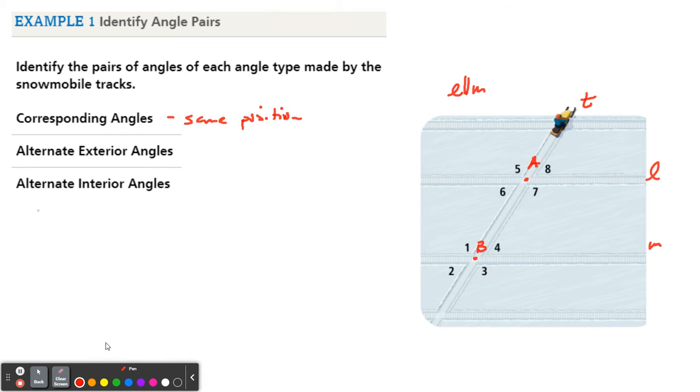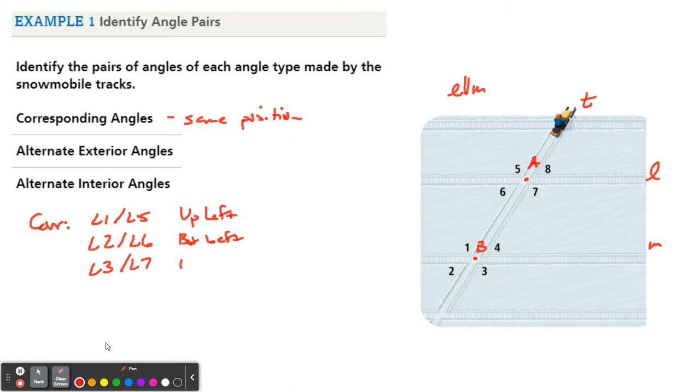Okay. So for our corresponding angle pairs, angle 1 and angle 5 are a pair, because they're in the upper left. Angle 2 and angle 6 are a pair because they're in the bottom left. Angle 3 and angle 7 are a pair.